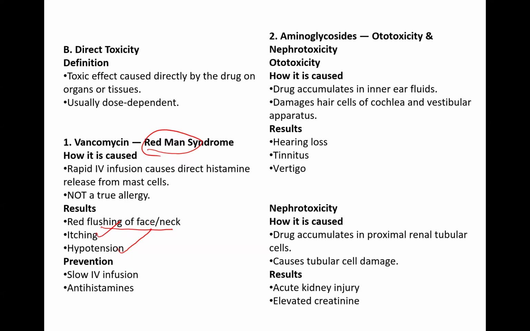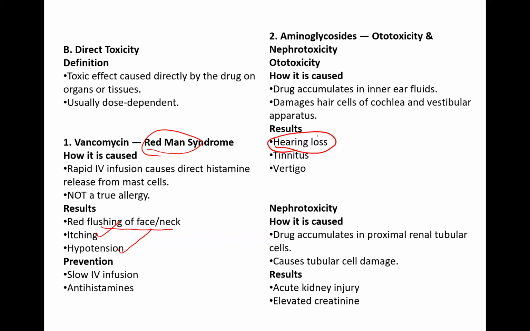Next is aminoglycosides. Aminoglycosides can cause two different toxicities, ototoxicity and nephrotoxicity. Oto means related to the ears. The drug can accumulate in the inner ear fluid and damage the hair cells of the cochlea and vestibular apparatus, which can result in tinnitus, vertigo, even hearing loss.